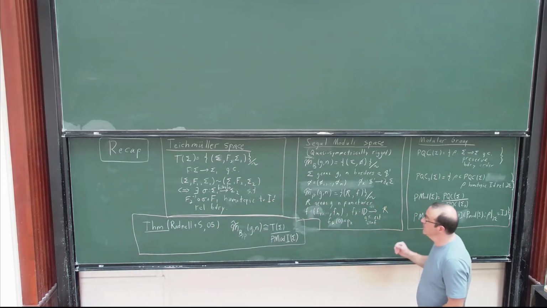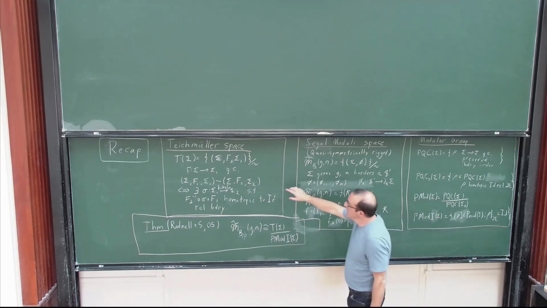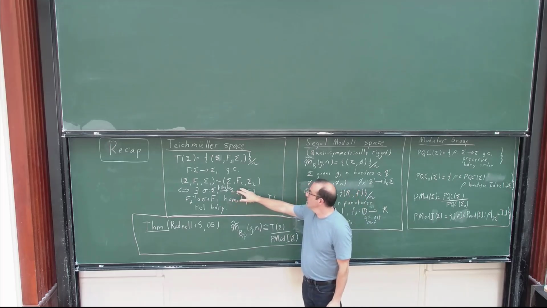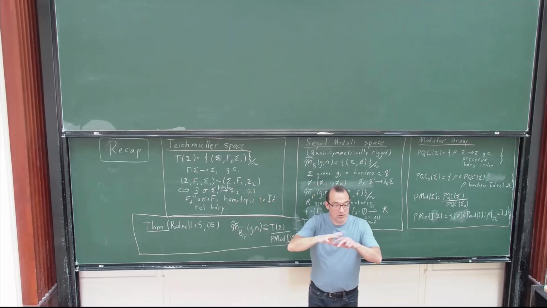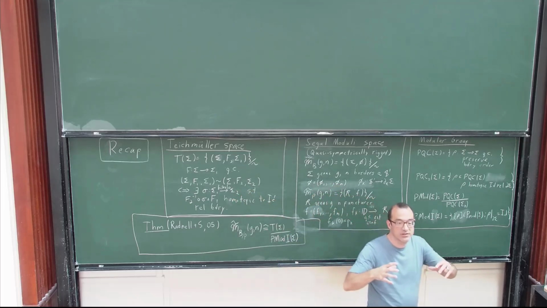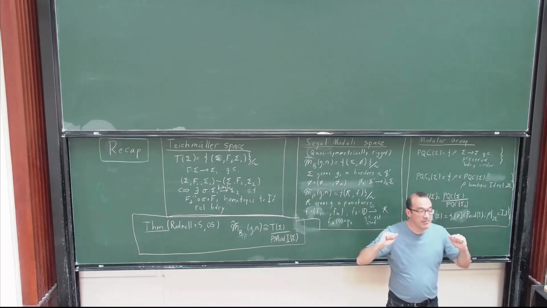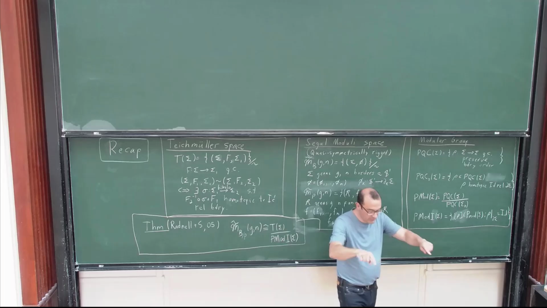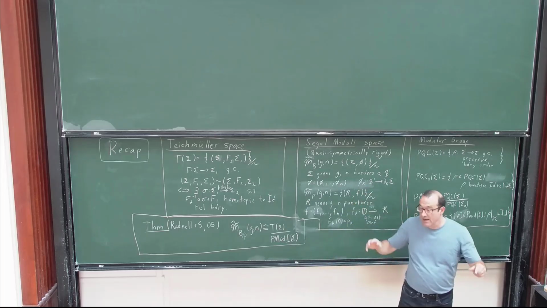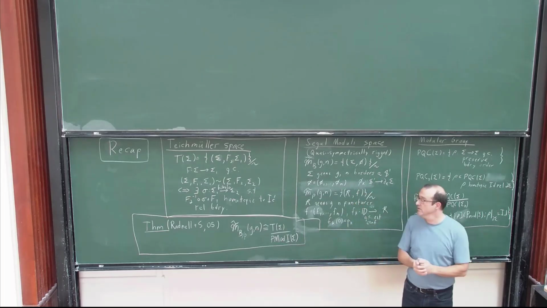Generically speaking, you'll have an extension of the quasi-conformal map to the ideal boundary. So if you have the quasi-conformal map on the interior of the surface, it will extend uniquely to the boundary. On the other hand, if you have some function on the boundary, it might have many quasi-conformal extensions to the interior.